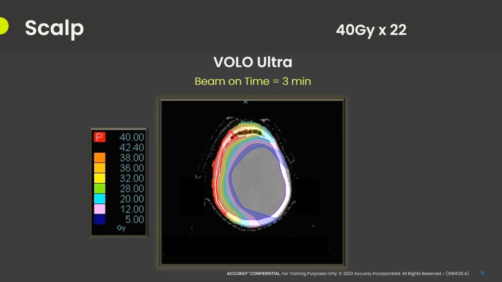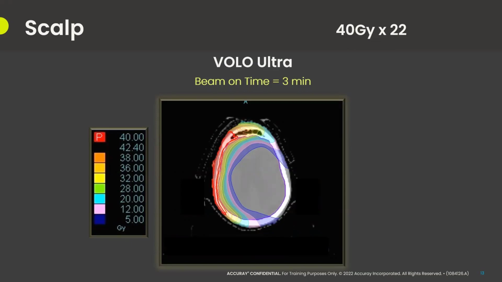And as you can see, even with the higher dose coverage, the critical structures are still receiving a lower dose. So I think that the takeaway from this case is that whether they wanted less dose to the brain or they were concerned about too much dose to other structures, VOLO Ultra is going to give you more flexibility on how you want to prescribe the dose, plus create a plan with better dose sparing to your critical structures.